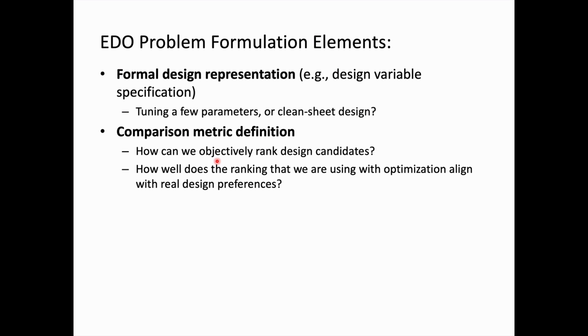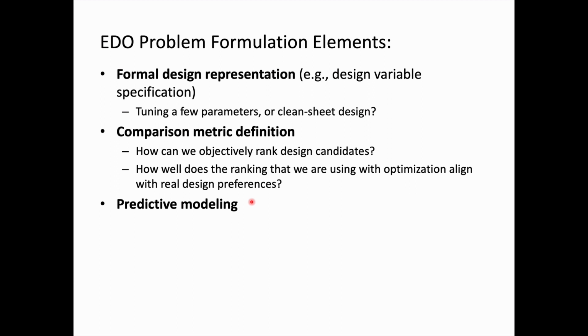In most cases, we can't just check the human preferences to see which one is better if we're using an optimization study. But it's really the human preferences that we are after. So how well does this automated ranking strategy that we're using with optimization align with the real design preferences? So there are different levels of accuracy that we can attain in this dimension of defining comparison metrics.